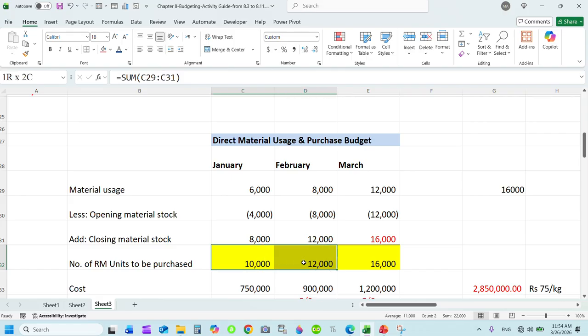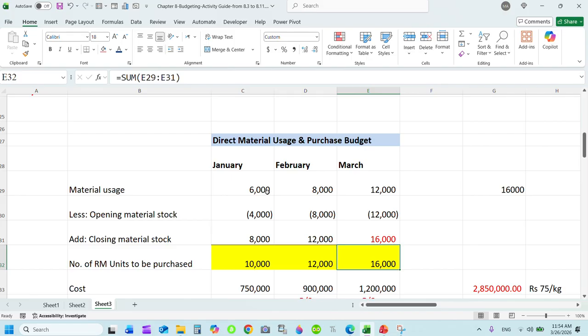So accordingly, this is the number of units to be purchased for each month. For January, we need to purchase 10,000 kilograms. February, 12,000. March, 16,000 kilograms of raw material, right?